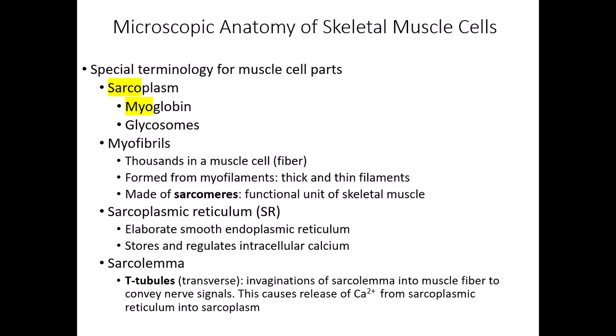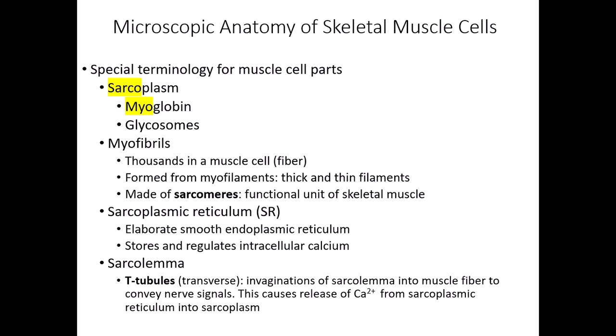And the T tubules are invaginations of the sarcolemma into the muscle fiber that are going to allow the nervous signal that comes down from the neuron to sort of move through all of the muscle cell, and that ultimately will cause that calcium to be released out of the sarcoplasmic reticulum into the sarcoplasm, where we said it can then act to facilitate the steps in muscle contraction.